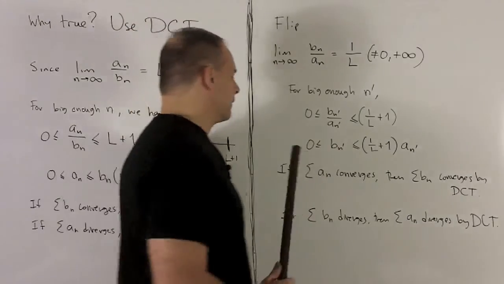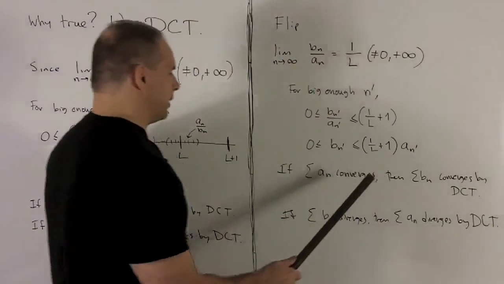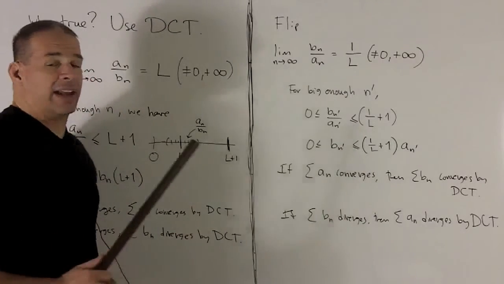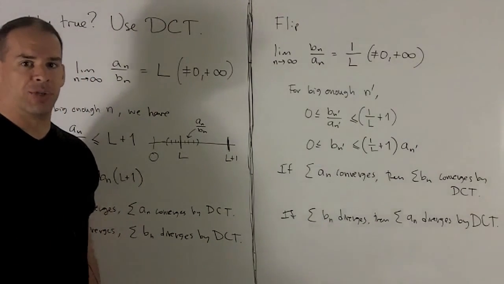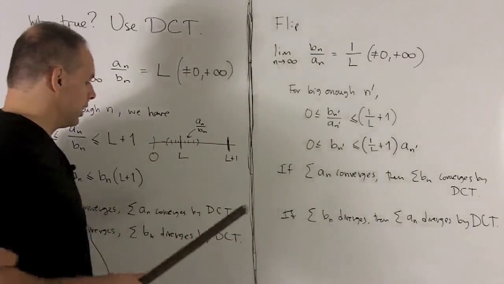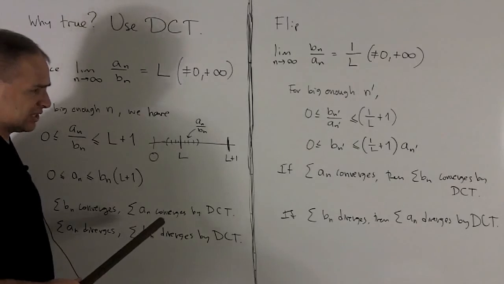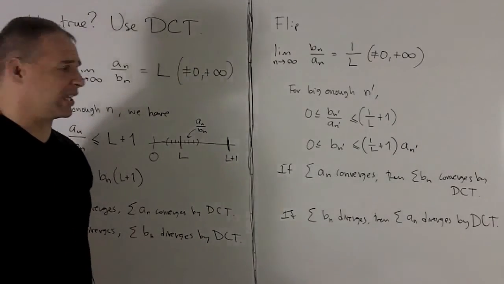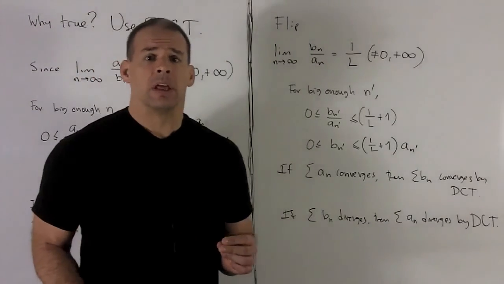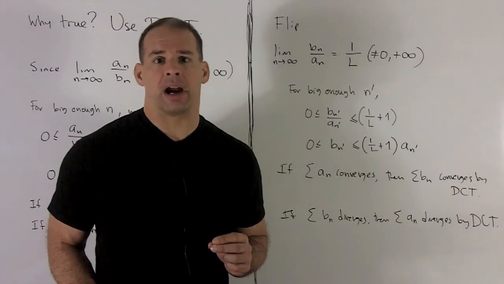So let's see what we have. If I take the first statement here, that's going to say the series for an and the series for bn converge together. If I take the statement here and the statement here, that's saying that the series for an and the series for bn diverge together. So direct comparison test just leads us right to our limit comparison test.